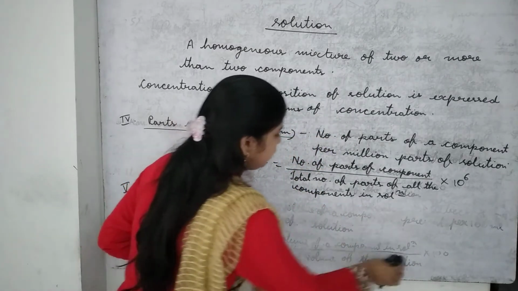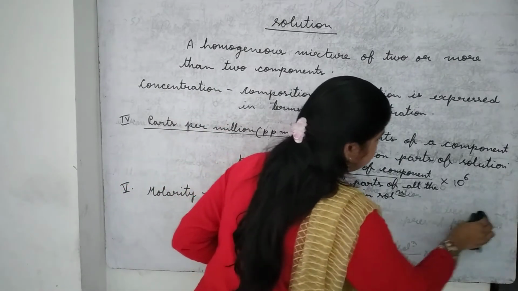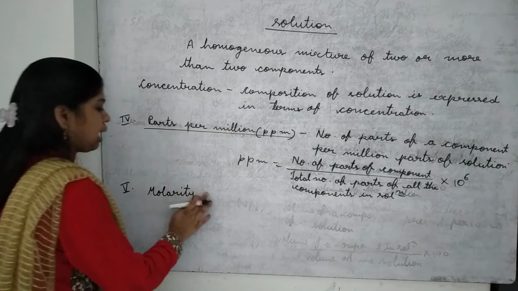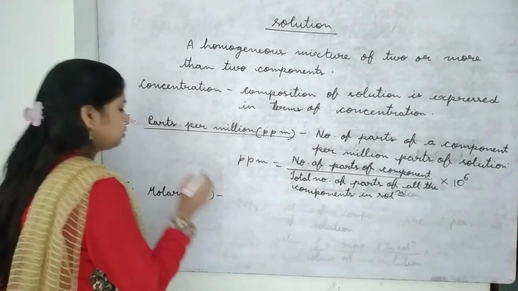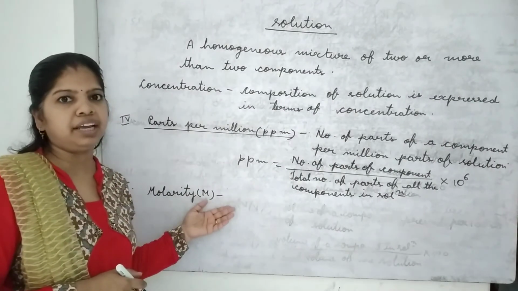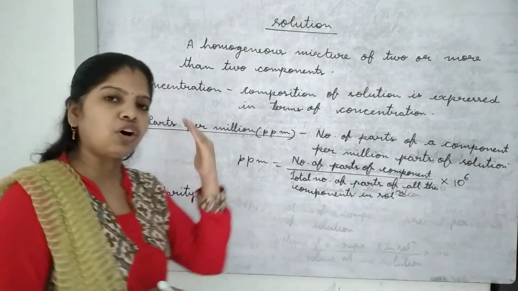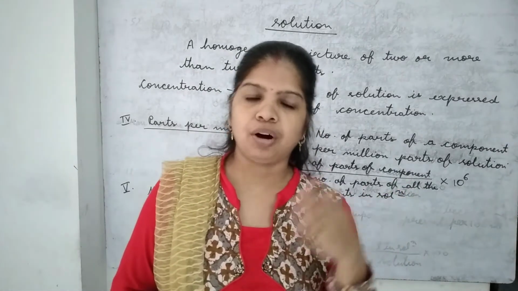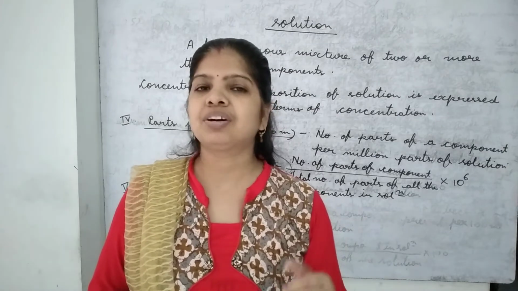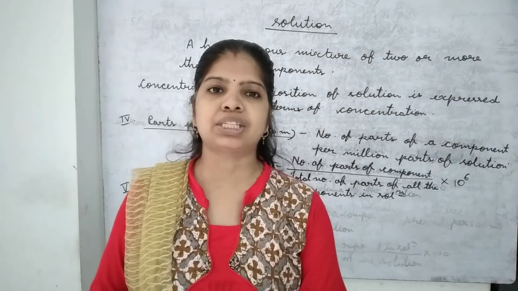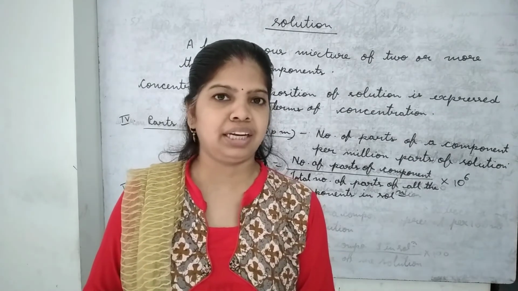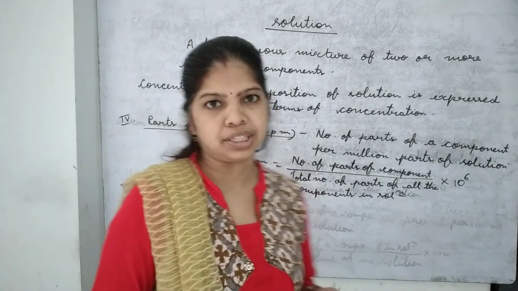Volume of solution is taken in liter, not in ml. Its symbol is capital M. Molarity represents the number of moles of solute per unit volume of solution in liter or in cubic decimeter, because you all know 1 liter is equal to 1 cubic decimeter. So we can take volume of solution either in liter or in cubic decimeter.